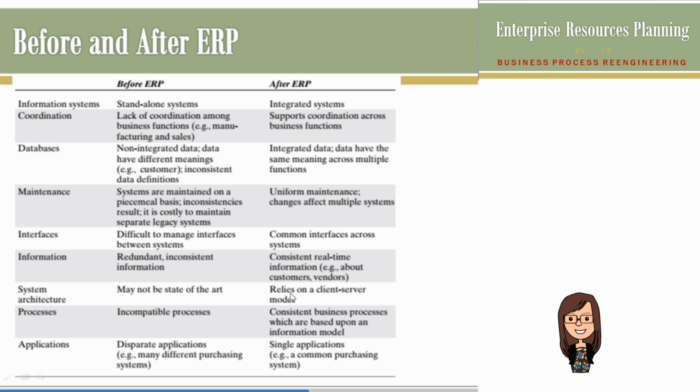So when we do business process reengineering, our focus is not on sales, finance, or each department, but on the end-to-end process. We need to make sure our process flows from one department to another, so that no department is left out.